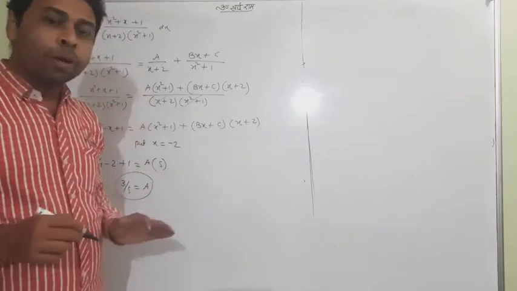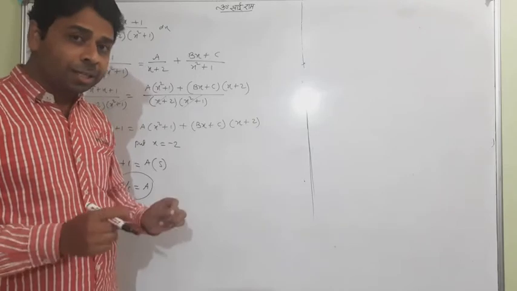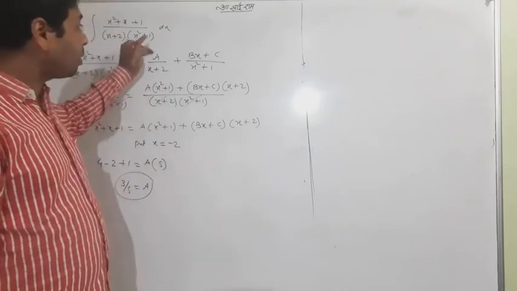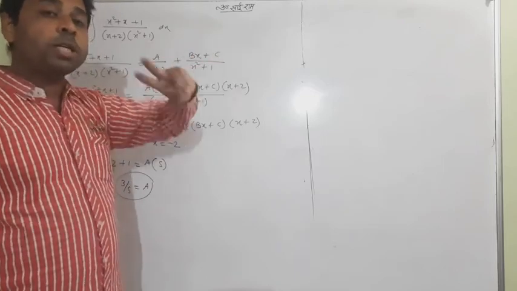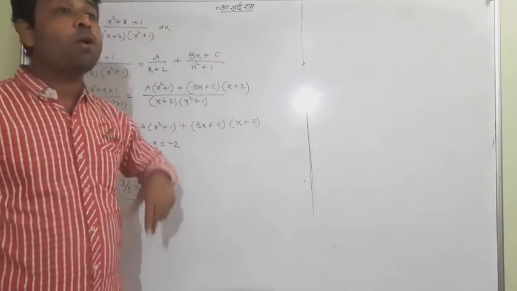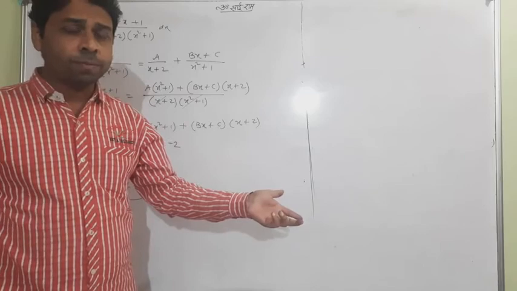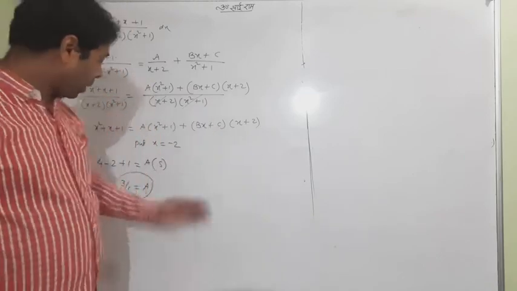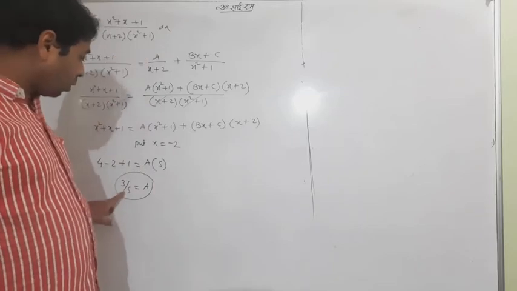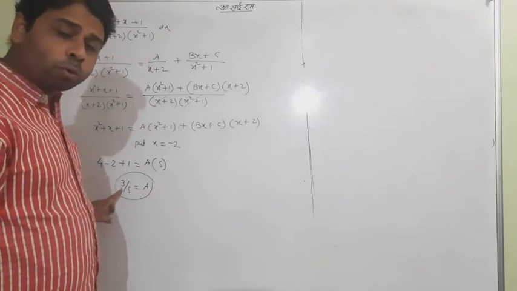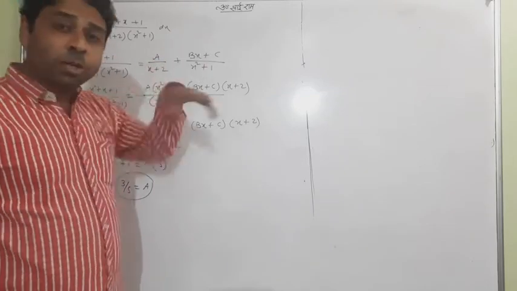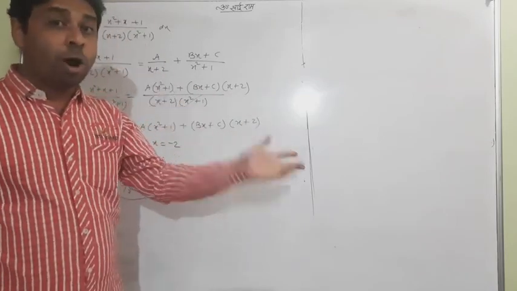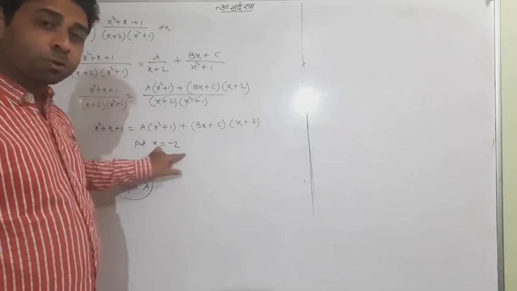Now the question is that in previous questions, we had 3 unknown quantities. We already obtained 2 quantities, so for the third we were independent. This time also it can be done, because we got only a single unknown quantity, and B and C are still to go. You have to put 2 more values of x except minus 2.